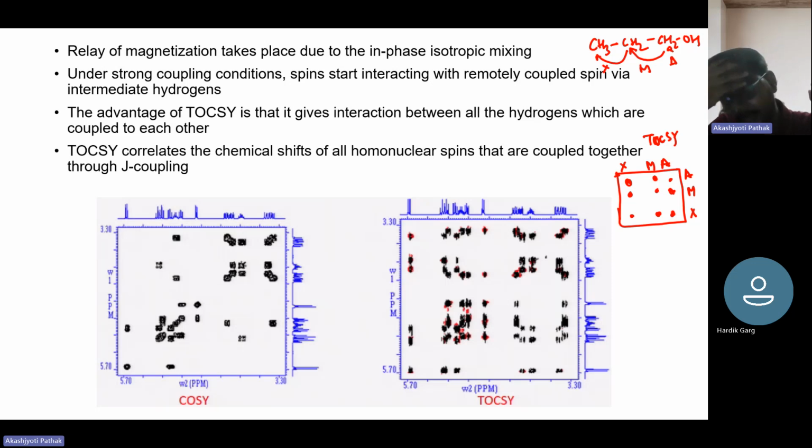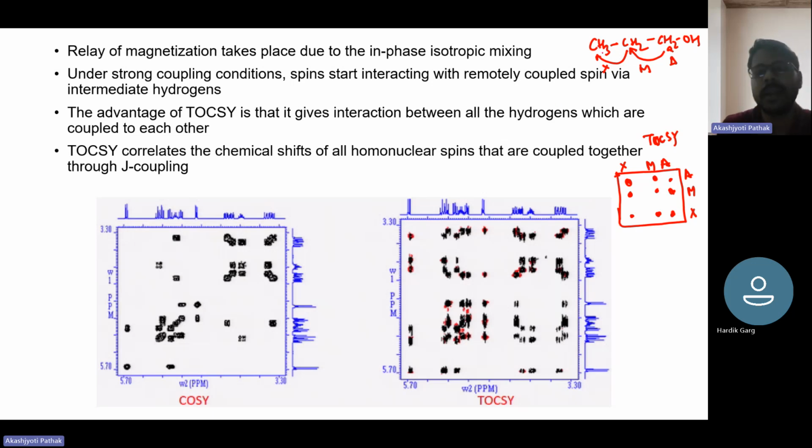So do you understand this? The main summary of this TOCSY experiment is that it is not only giving us the information that a particular proton is directly coupled to another proton, but also what other protons it is coupled to indirectly, right?